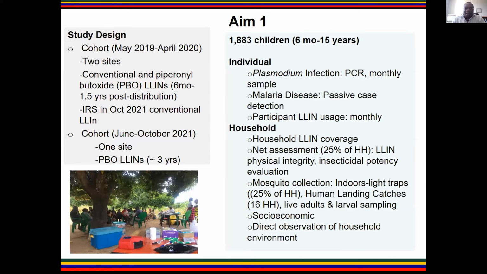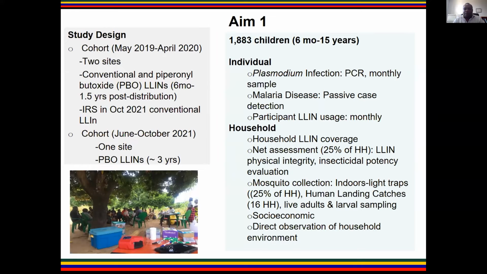So we recruited about 1,900 children, and at individual level, we collected data on Plasmodium infection monthly using PCRs, malaria disease using passive case detection, and we also evaluated bed net usage every month. We also collected data on household variables, for example, how many bed nets the household had, and socioeconomic factors.